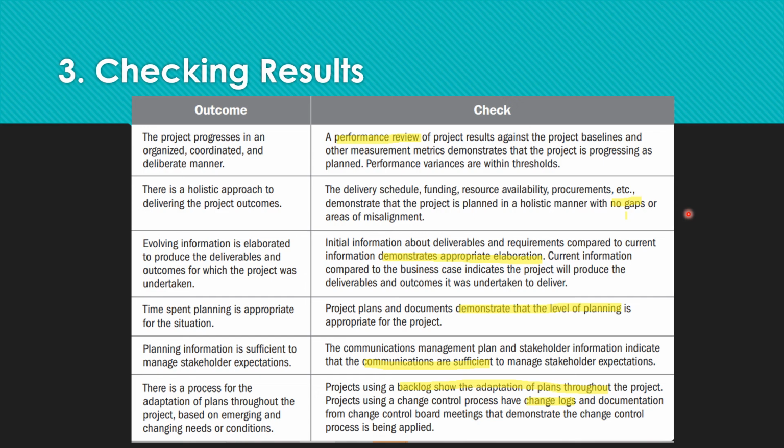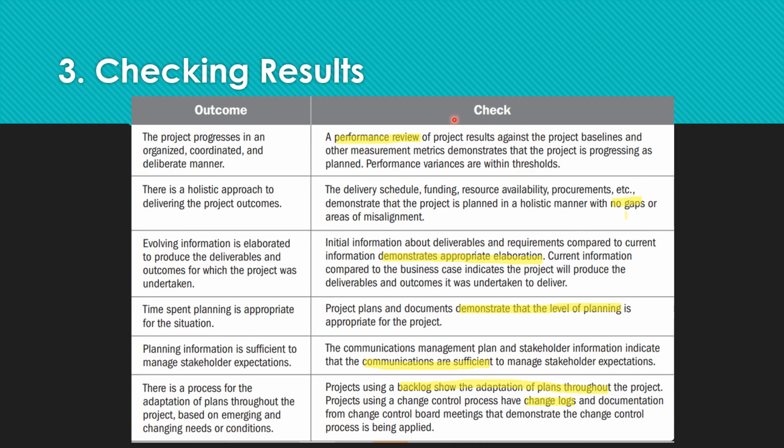So with that, we discussed all the required components of project planning. Let's discuss how I'm going to check the results of desired outcomes. We started with 6 desired outcomes, right? The project progress should be in an organized and coordinated manner. How will I check that?